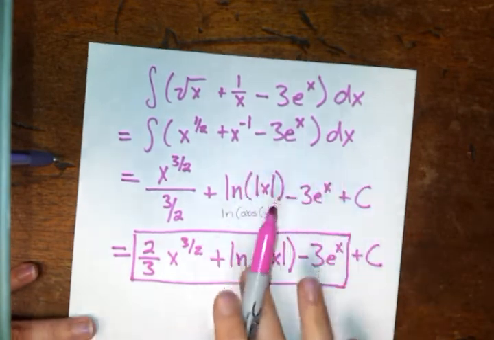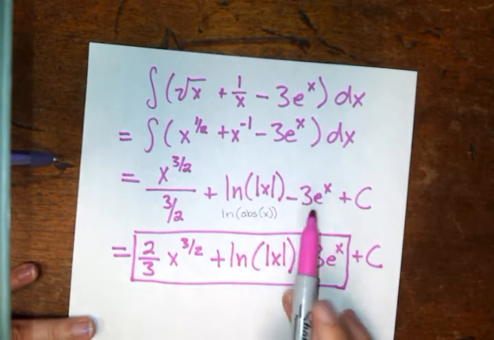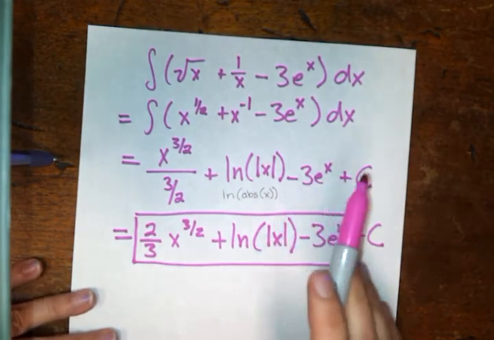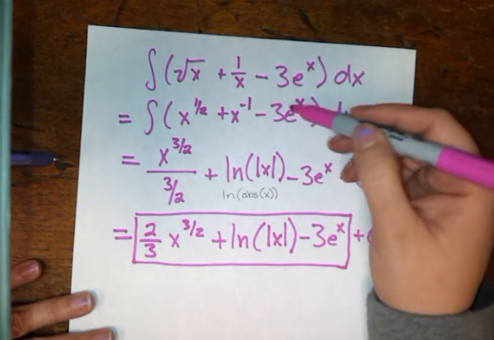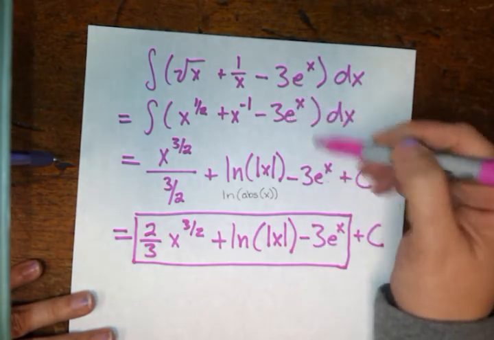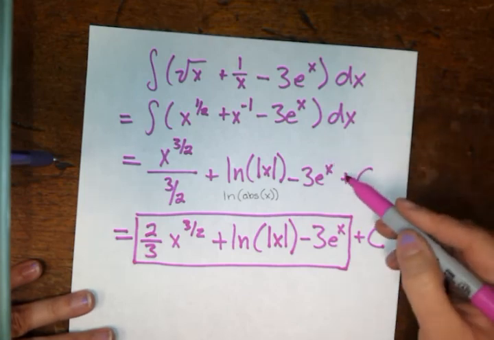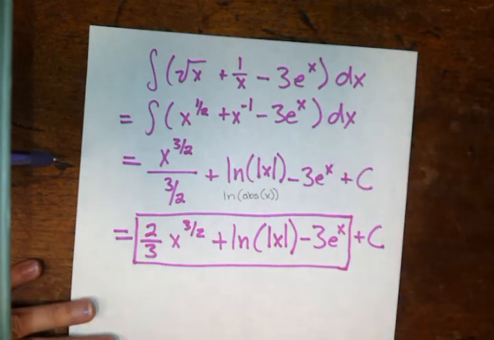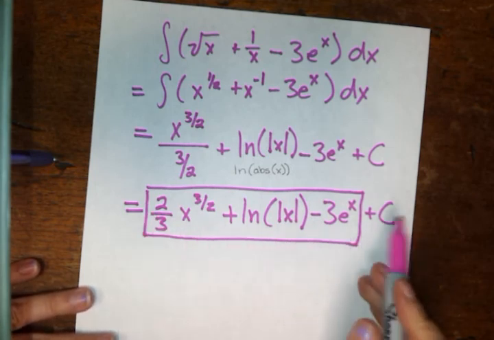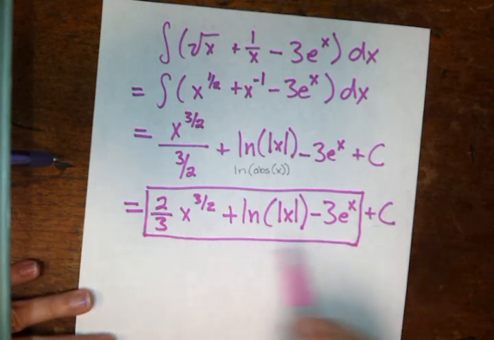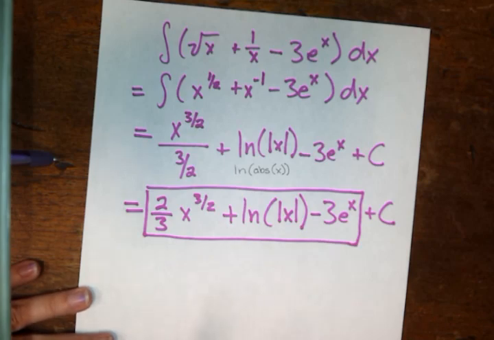Not the natural log of x, the natural log of the absolute value of x. And then minus 3 times e to the x, because the integral of e to the x is just e to the x, plus c, because we always have that constant hanging out there. When we simplified it, this is what it looked like. Since they already give you the plus c in WebAssign, that's what you would enter into the box.